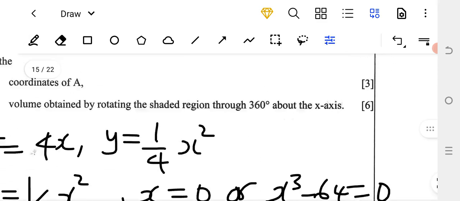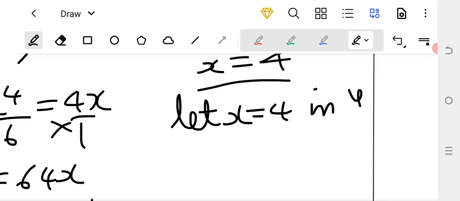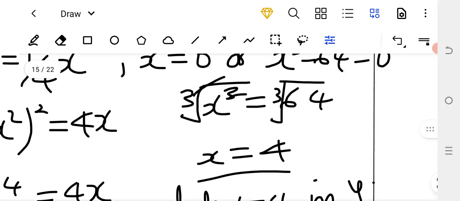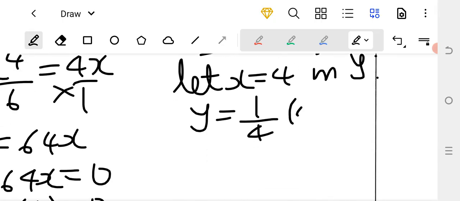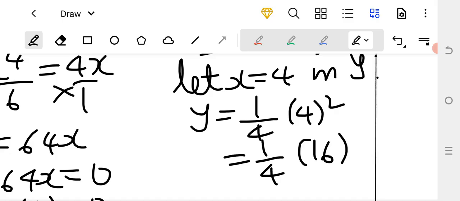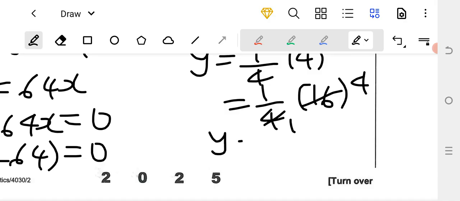And then we'll say let x be equal to 4 in y. So y is equal to 1 over 4x squared, if I remember well, yes. And then we have said our x is 4, so y is equal to 1 over 4 multiplied by 4 squared, which is 16. 4 can go into itself. 1 into 16 is 4. y is equal to 4.